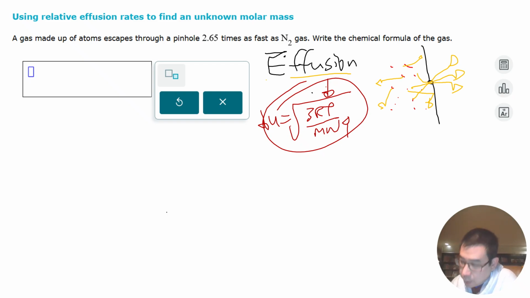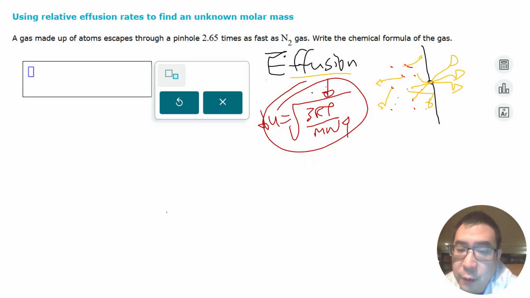A small gas is going to move faster than a big gas. Small gas molecules move faster than big gas molecules, and therefore small gas molecules will effuse faster than big gas molecules. And so what we get, and I'm not going to do the derivation.